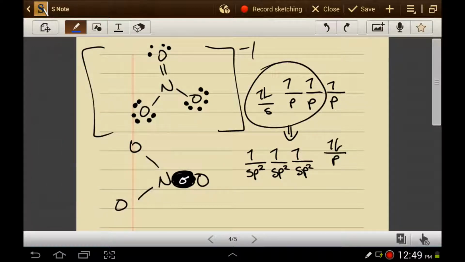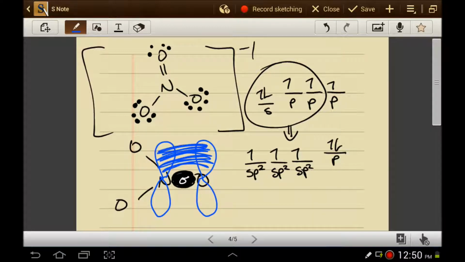And then nitrogen and oxygen both have some p orbitals sticking up. So if they overlap outside of the plane of the atom's nuclei, then what they're going to create is a pi bond, an indirect overlap between the 2 atoms. And that indirect overlap comes about because of the peanut-shaped p orbitals that the nitrogen and the oxygen have.